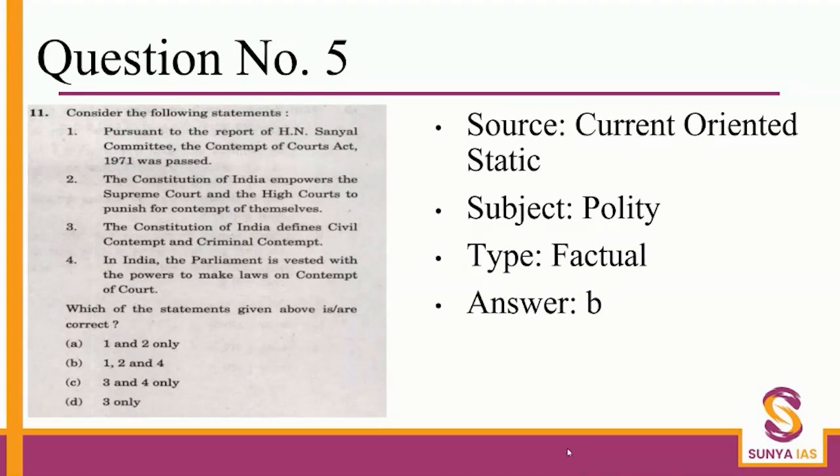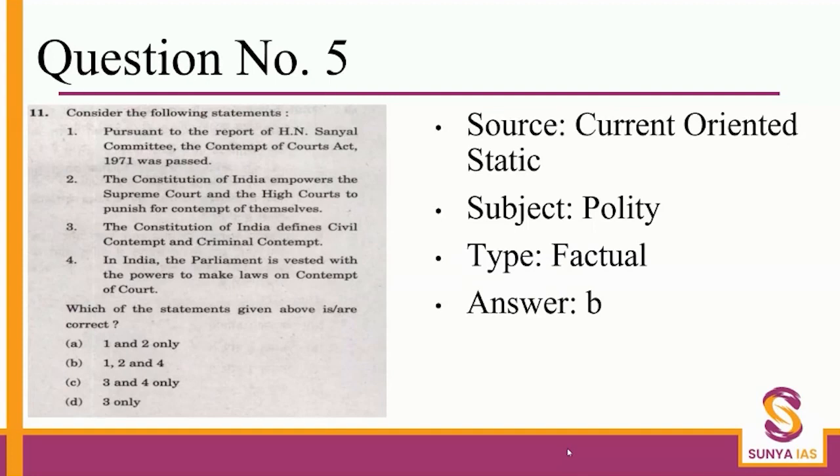So if you read properly your polity book, you will be able to figure out that there is no definition of civil contempt and criminal contempt in the constitution, right? And you can eliminate that option and zero in on the answer even if you don't know the other options, right? So that is why whatever facts you know, you have to ensure that you use that to figure out the answer to the question.